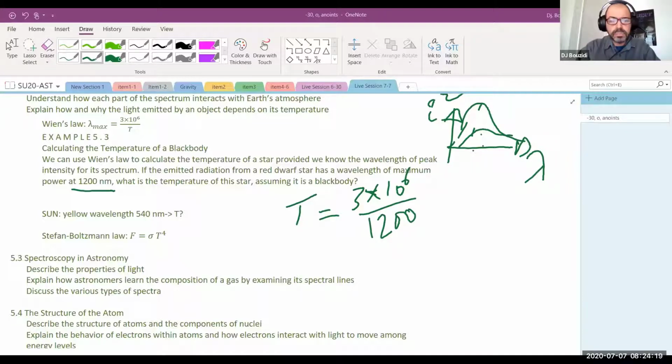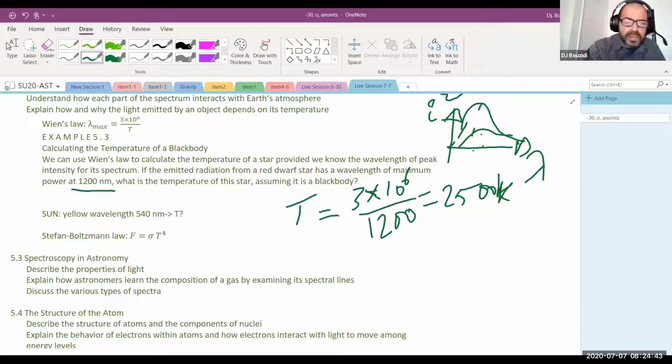The temperature, it tells me, is 2500 kelvin. I mean, it sounds like a lot, and it is, but it is not as hot as the sun. So this is not a big temperature, because in this case it's a very, very low dwarf, a very, very dim star, okay?